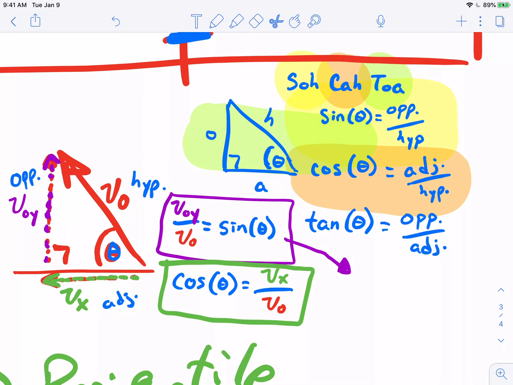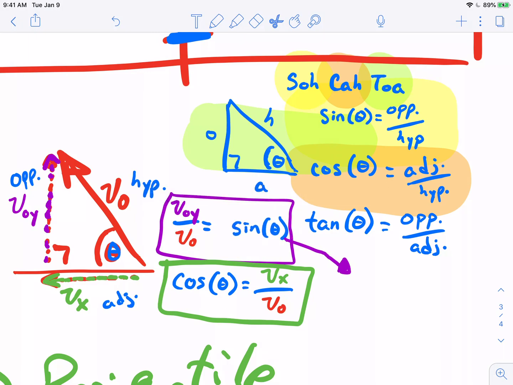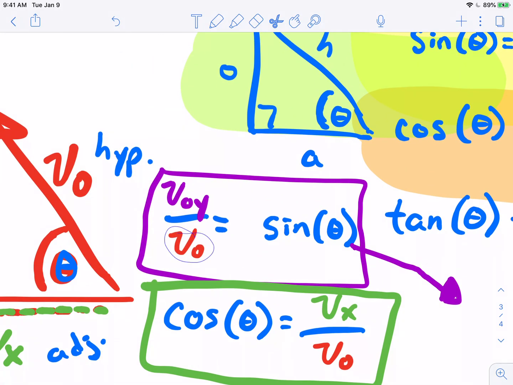And then multiply both sides by V sub O. What that's going to do is cancel out the V sub O on the left, and it's going to give you sine theta times V sub O on the right. So let's do that. Let's move our sine theta over and put our little V sub O here, so it's multiplied by sine theta.